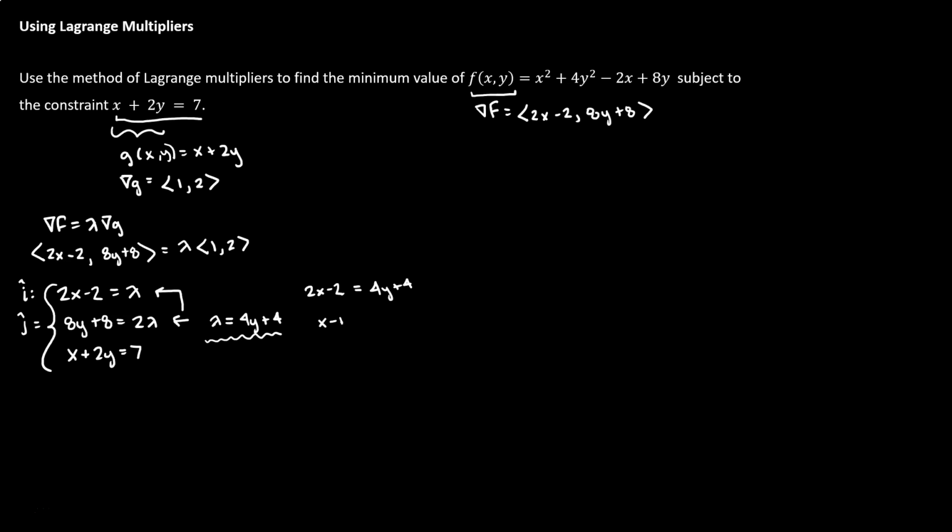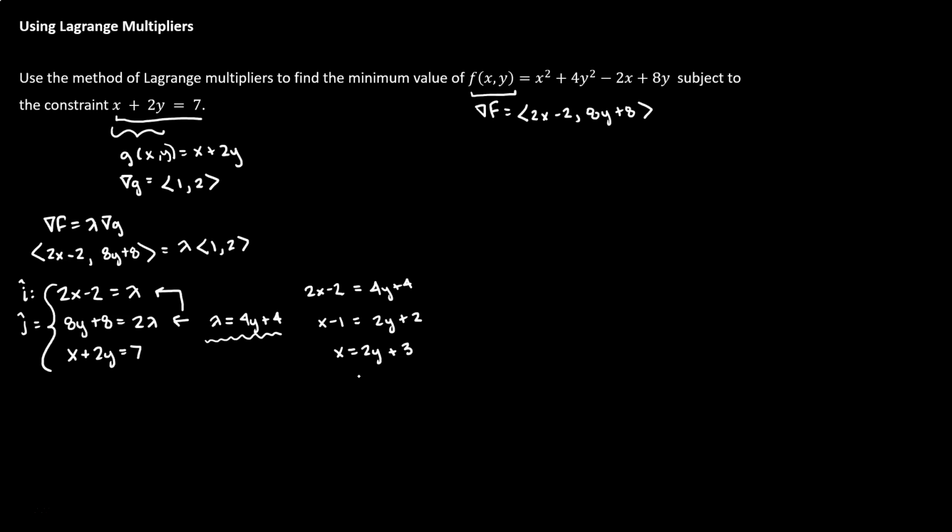We get x minus 1 equals 2y plus 2. And then we can simplify this so that we can see that we have x is equal to 2y plus 3. So this is giving us a relationship between x and y. We went from x, y, and lambda down to x and y.